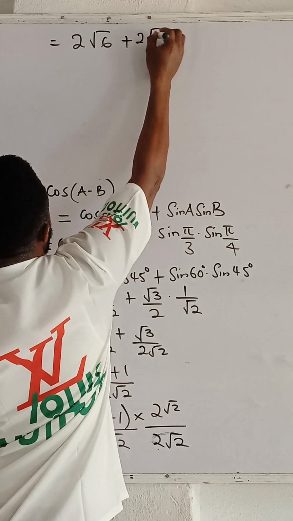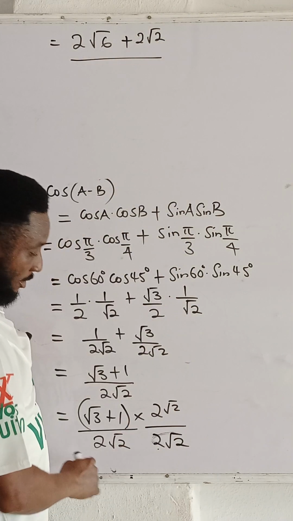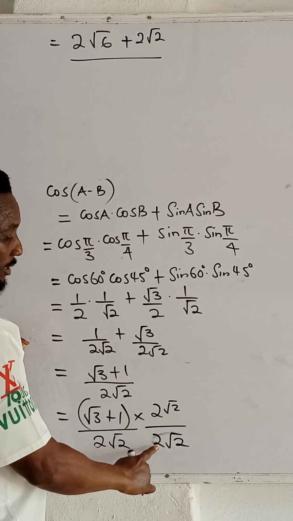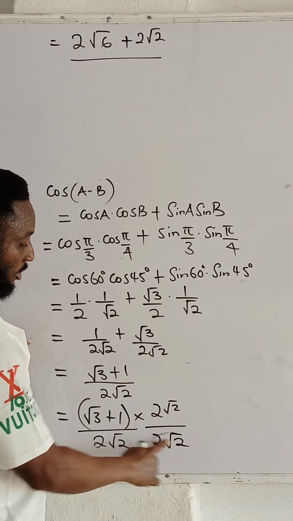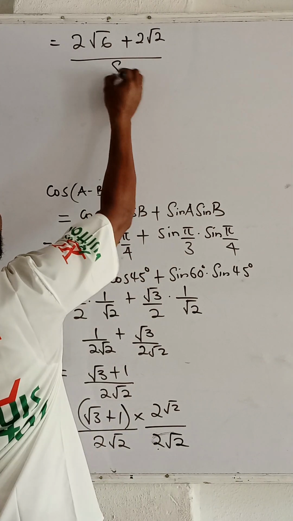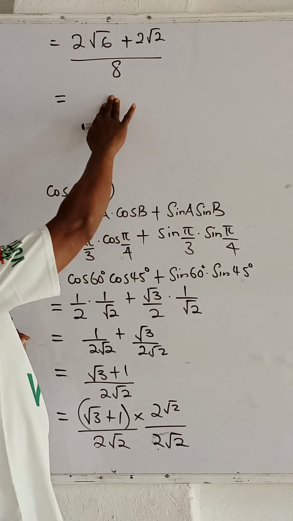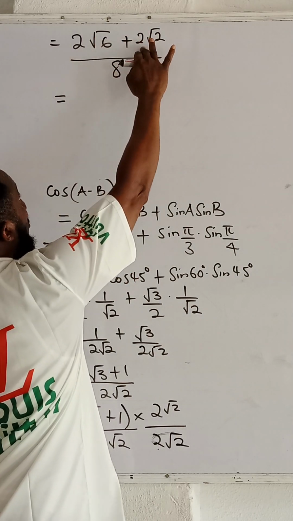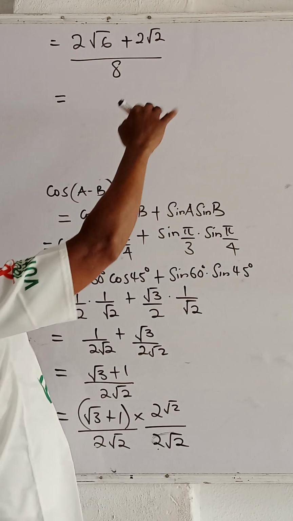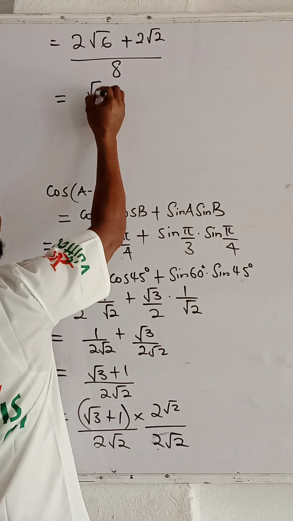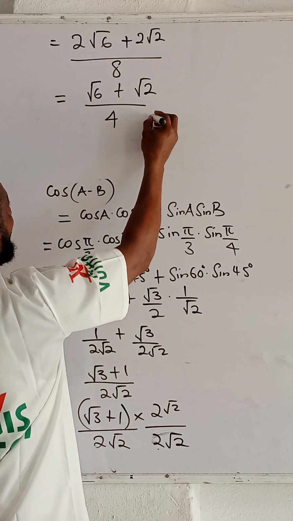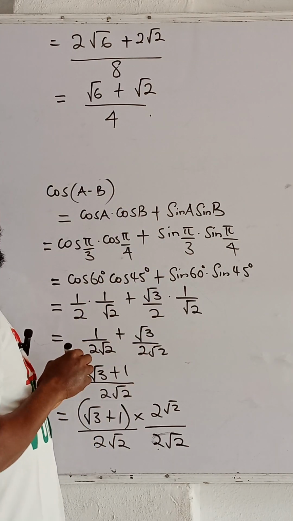Then in the denominator, 2 root 2 multiplied by 2 root 2: 2 multiplied by 2, that's 4. Root 2 multiplied by root 2, that's 2. 2 times 4, 8. So as you can see, we have 2 here, we have 2 here, and we have 8 here. So if I divide everything by 2, I'm going to have root 6 plus root 2 all divided by 4. So this is the end of today's class.